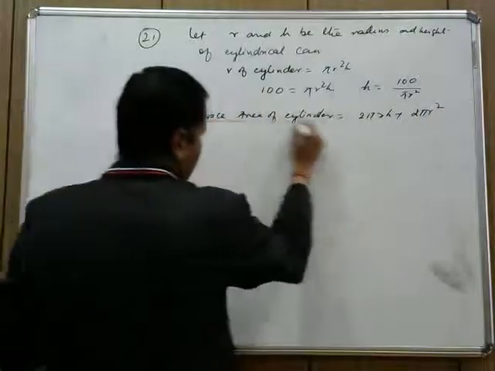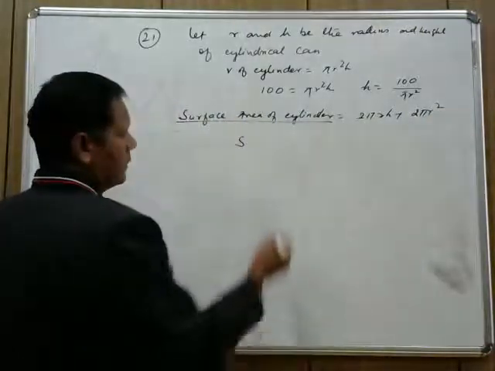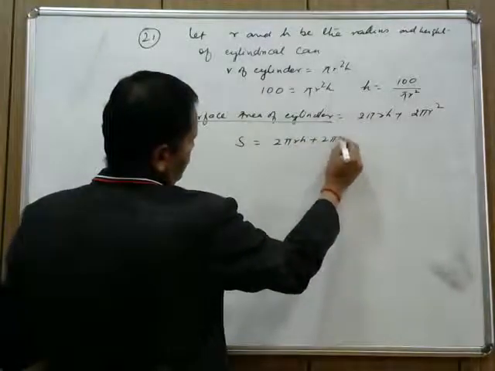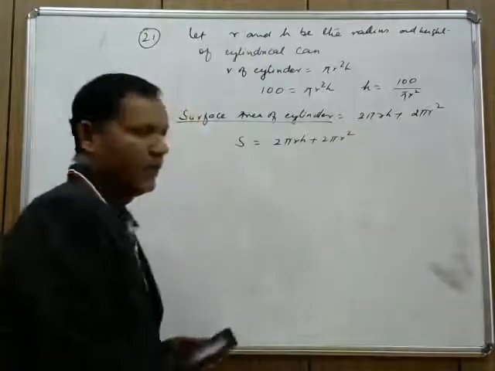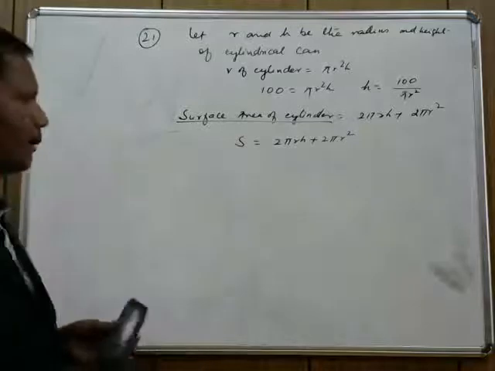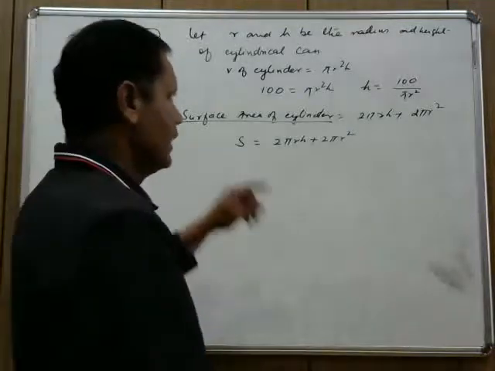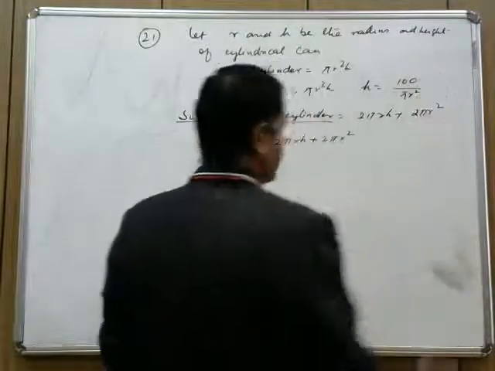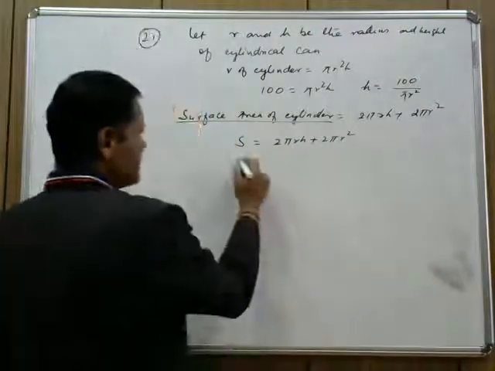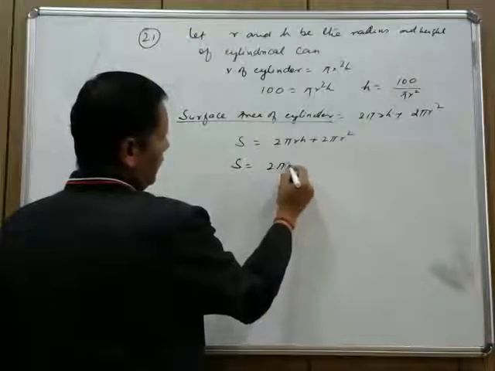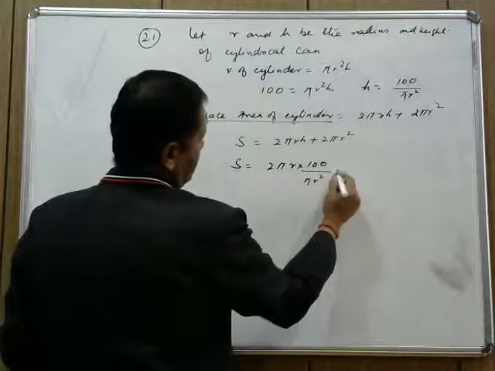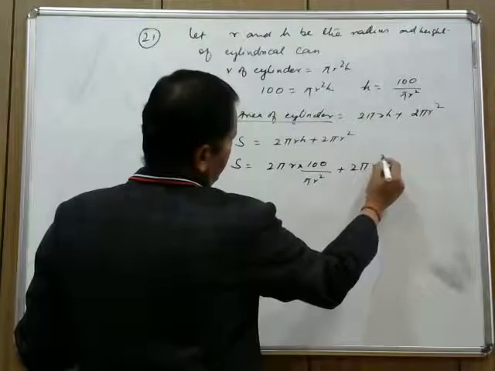Here the surface area I will assume as S. Now S is equal to 2 pi r h plus 2 pi r square, and h is given as 100 upon pi r square. That's why I will convert it into one variable, that S is equal to 2 pi r into 100 upon pi r square plus 2 pi r square.